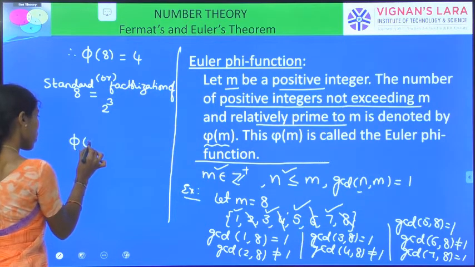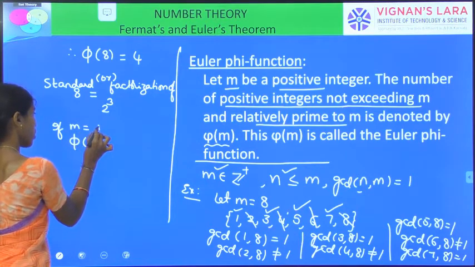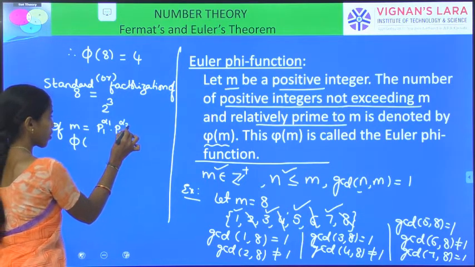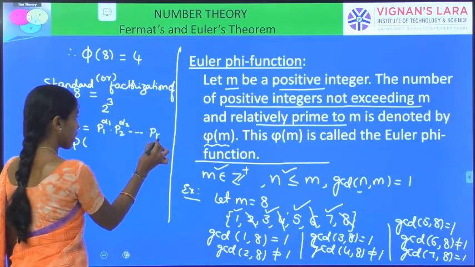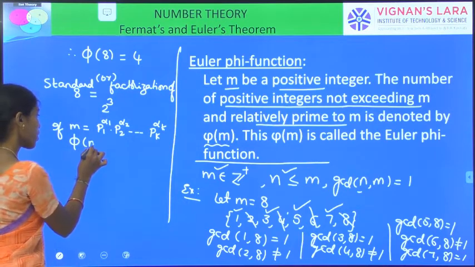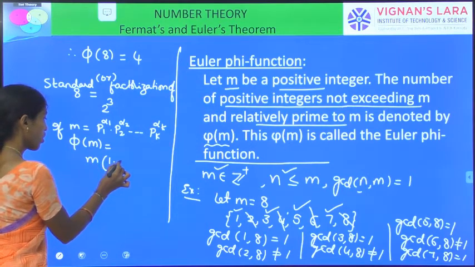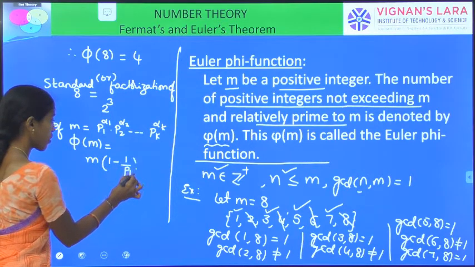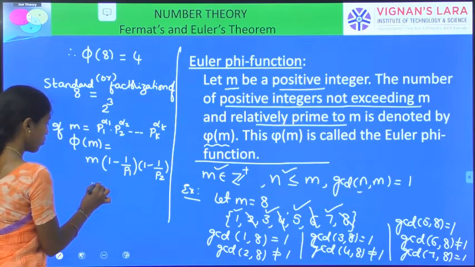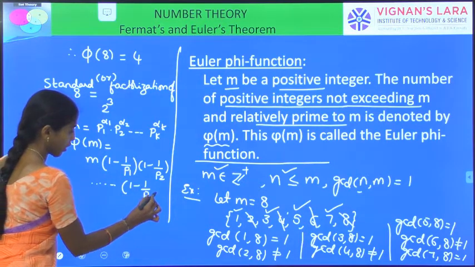Suppose m is equal to p1 power alpha 1, p2 power alpha 2 and so on, pk power alpha k, it is a standard factorization, then phi of m formula is m into 1 minus 1 by p1 into 1 minus 1 by p2 into and so on 1 minus 1 by pk, right?